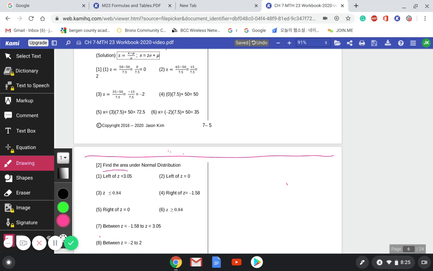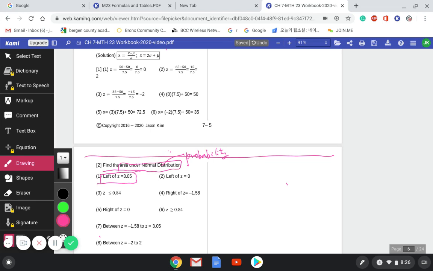You want to find the area under the normal curve, which means probability, after you find a z value. For the left side, they want to find the area left of z, which happens to be 3.05. What would be the probability for that?